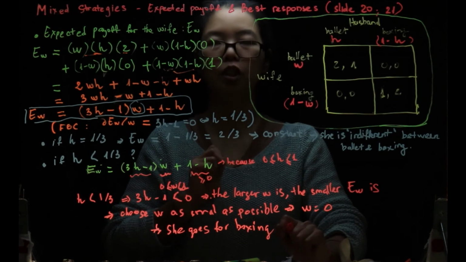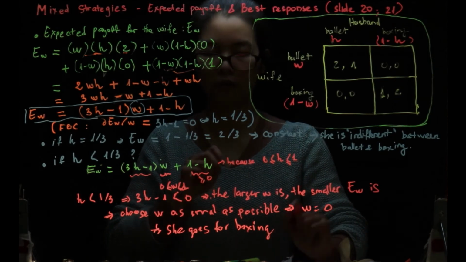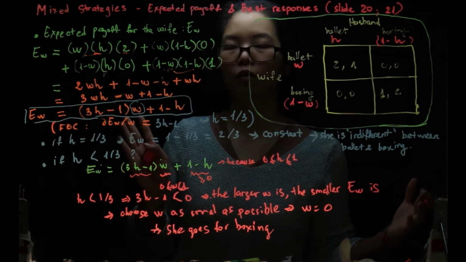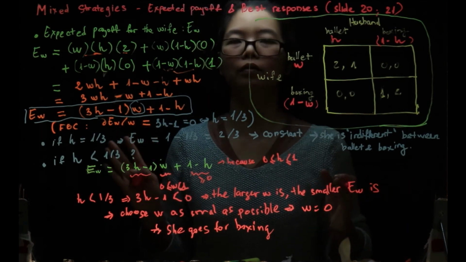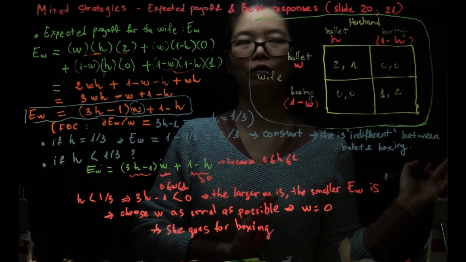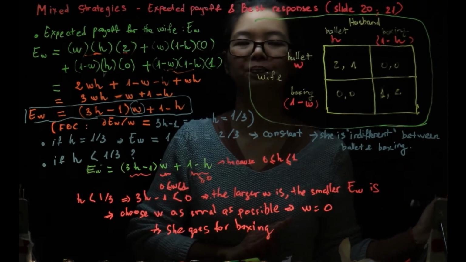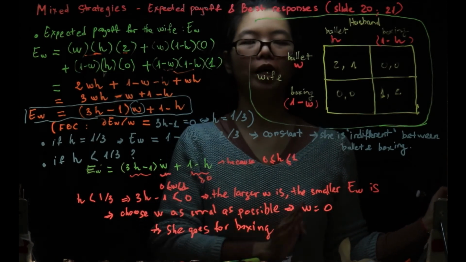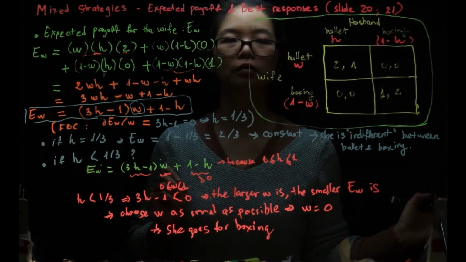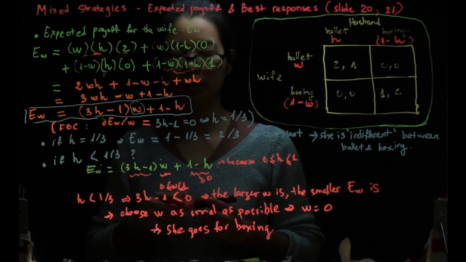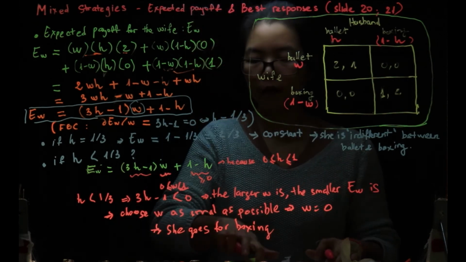And that means she should go for boxing, which is intuitive, right? If you somehow see in the background that your spouse has a tendency to go to boxing already, and you want to randomize, then maybe you have a chance to get payoff by going to boxing rather than ballet. Similar to last week, right?